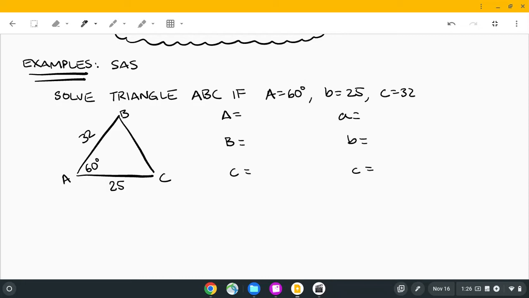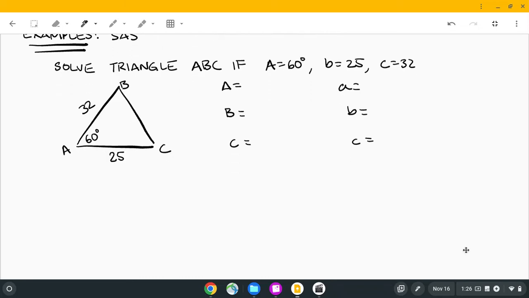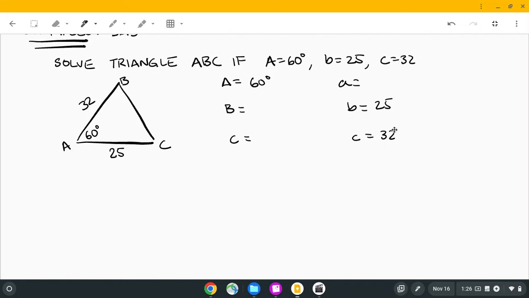It kind of keeps everything organized. So I have this here, and I know that A is 60. What else do I have? Little b is 25. Little c is 32. So I have to solve for these 3 here. I have capital A and little b and little c.